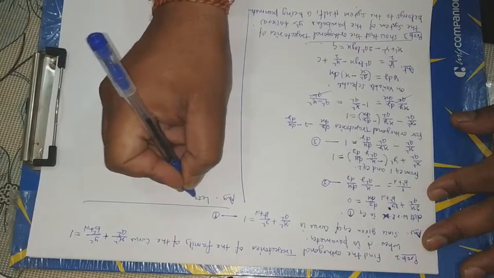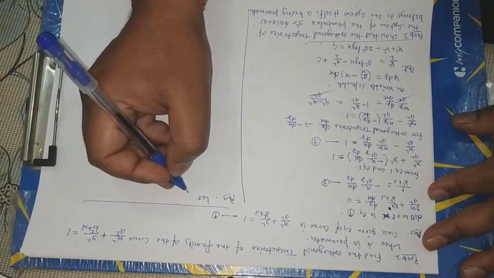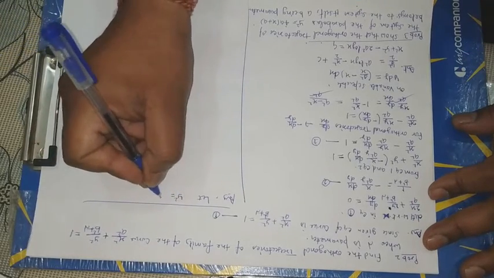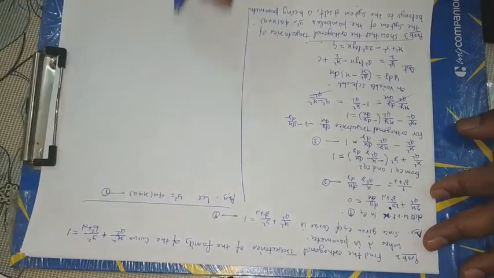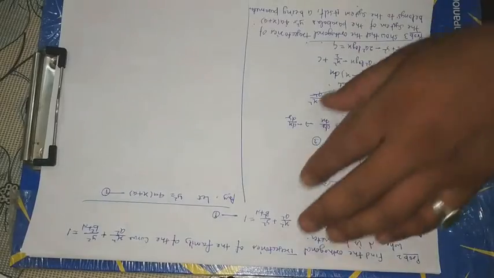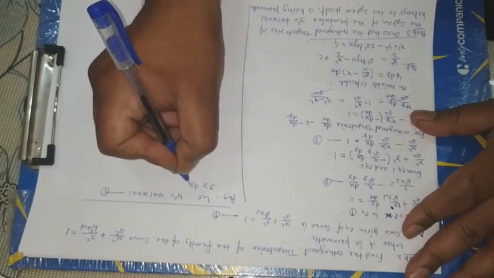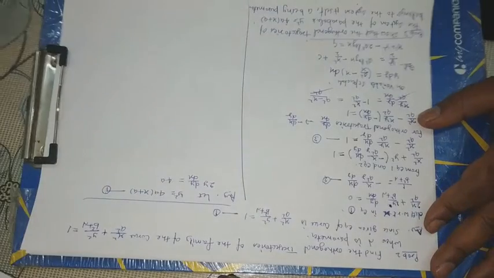Let the given equation of the system of parabolas be y square is equal to 4a into x plus a, represented by equation number 1. Now differentiate with respect to x here. 2y dy dx equal to 4a.